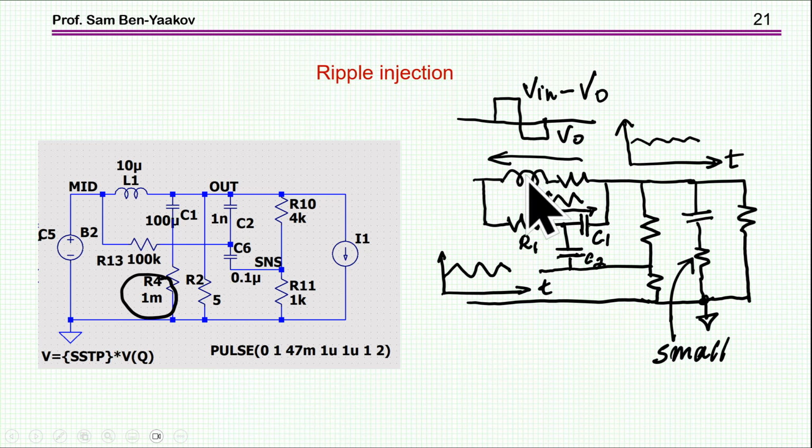There is another way to look at it, which I think is very important to understand, and that is that this arrangement is really emulating the current of the inductor. You might say that this R1C1 is an emulator of the inductor current, because we have this voltage across this network here, and the voltage across the capacitor is in fact emulating the current through the inductor.